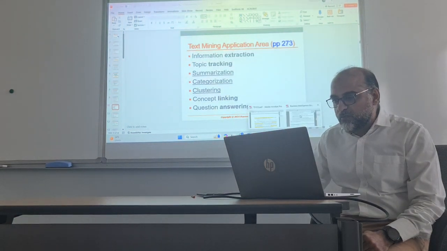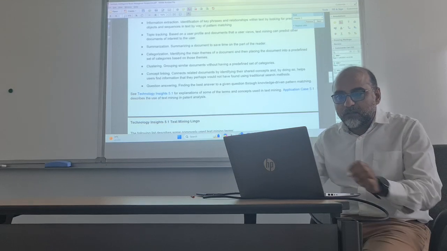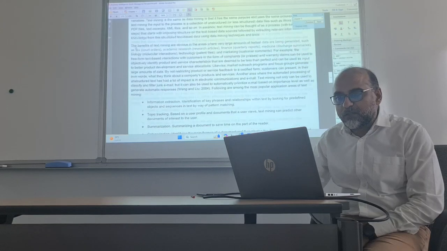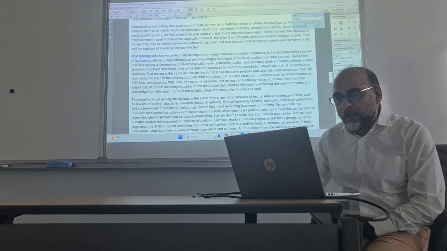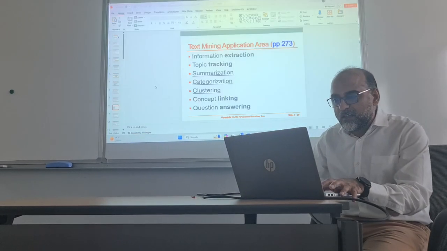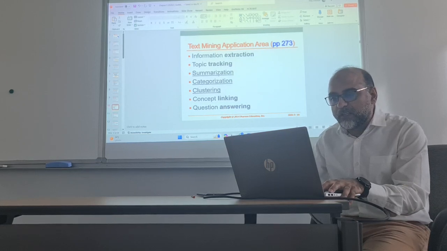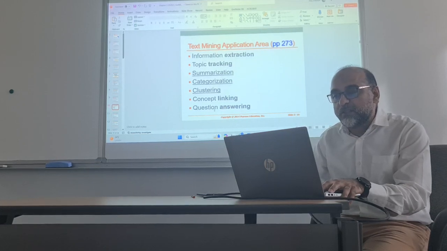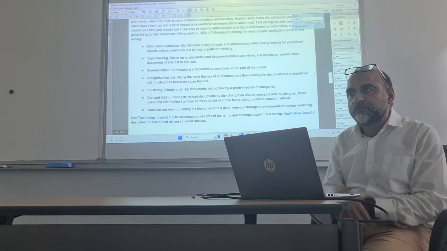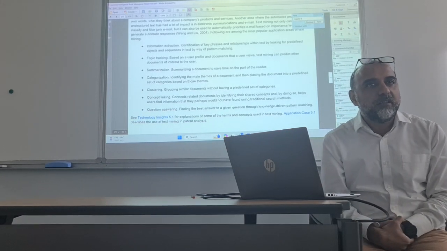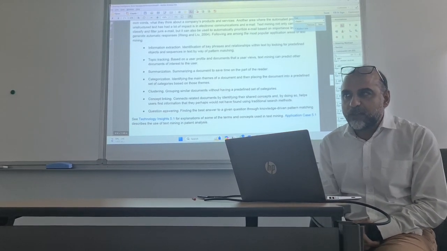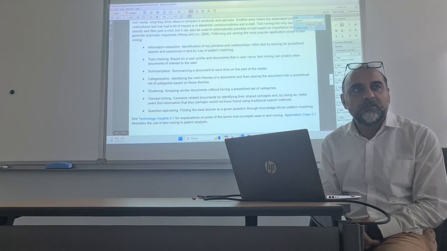Once you go there, this is page 273, and if you go down, it mentions information extraction, topic tracking, summarization, categorization, clustering, concept linking, question answering. You can see all of these are defined here. This is what I mean. You have to look at that. I'm going to explain now, but when you are preparing for the exam, you must not forget to check it here.